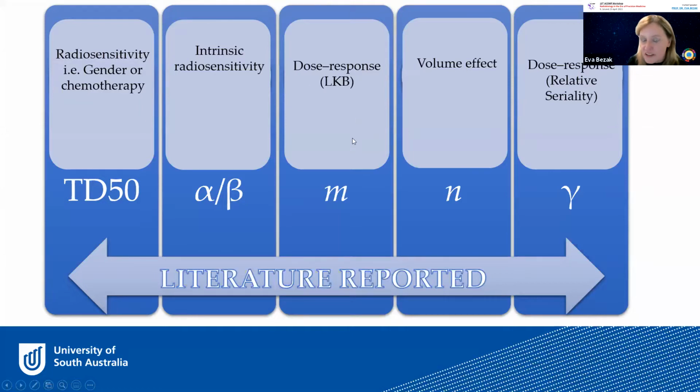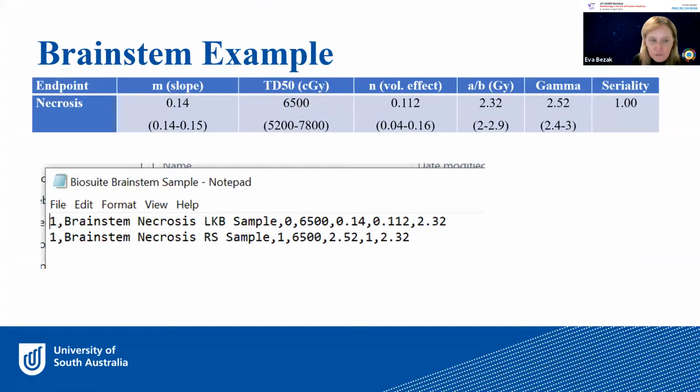I can look at the steepness of the dose response curve. I can play with the volume effect depending on whether I'm dealing with the esophagus, which is a serial organ, or lung, which is a parallel organ. I can also select the relative seriality model, and I can play with the gamma parameters, but I can use the literature reported data, such as those from the QUANTEC model.